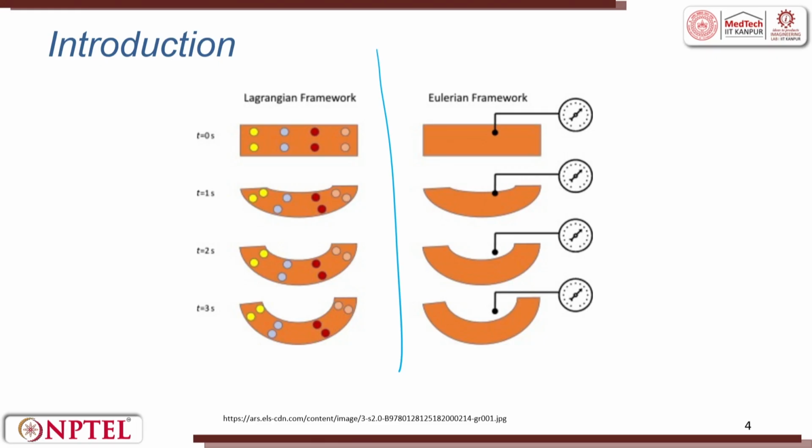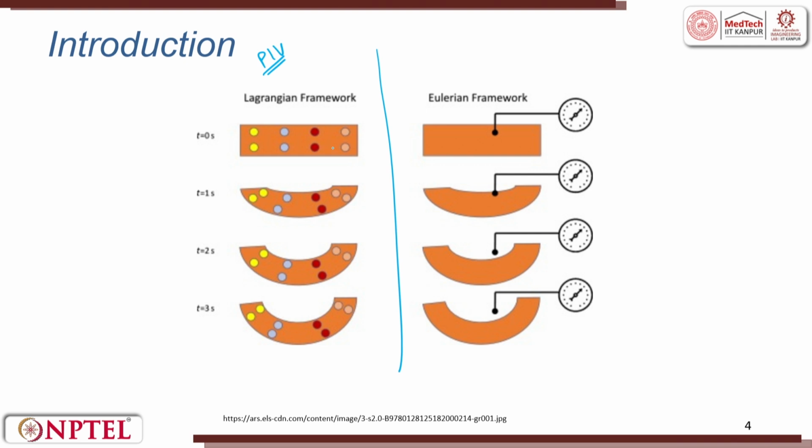Or when we use an equipment called particle image velocimetry, PIV, velocity is measured. There we look at the particles over a period of time and record how the particles move.